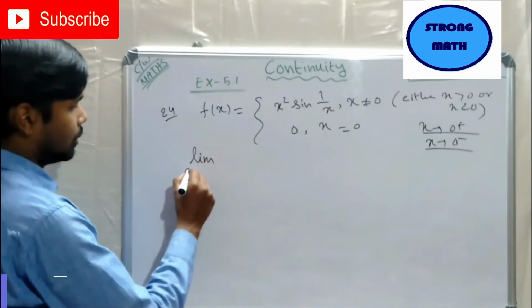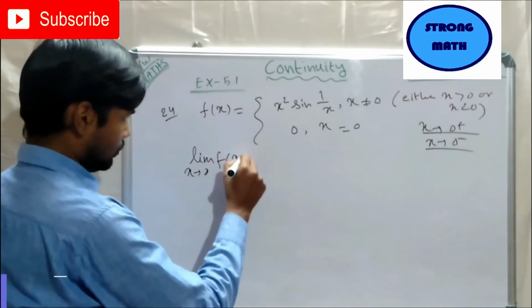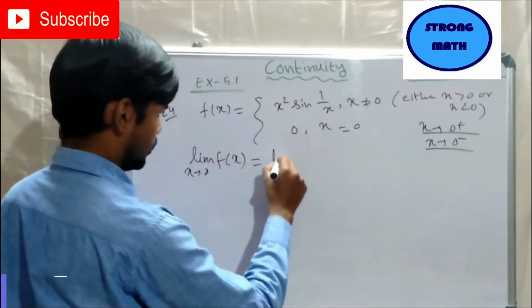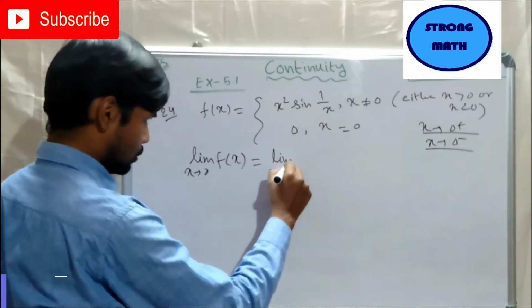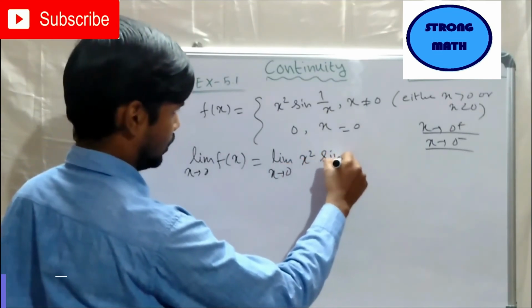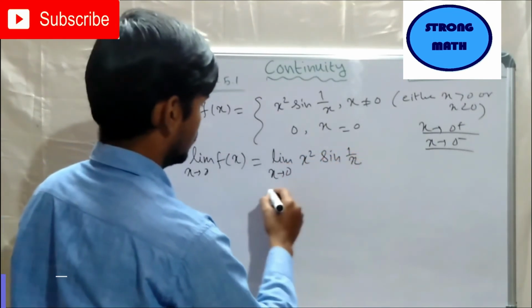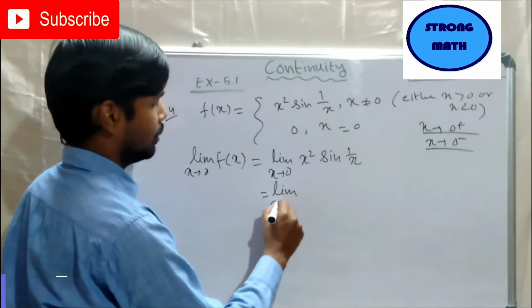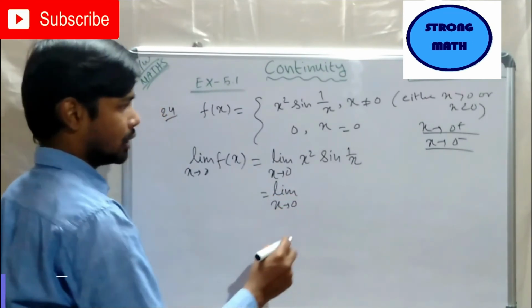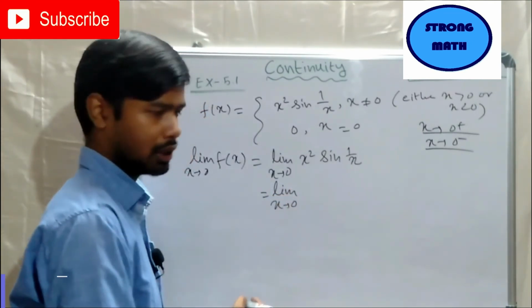So we only calculate the limit as x tends to 0 of f(x), which equals the limit as x tends to 0 of x square sin 1 upon x. Okay, fine. So we have to adjust. Remember, you have already done in class 11 how to find this limit.